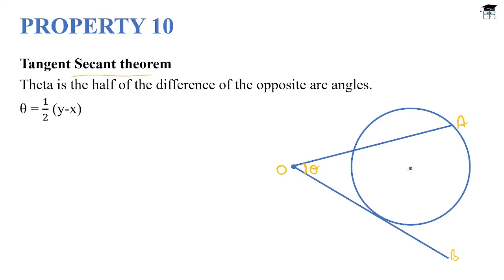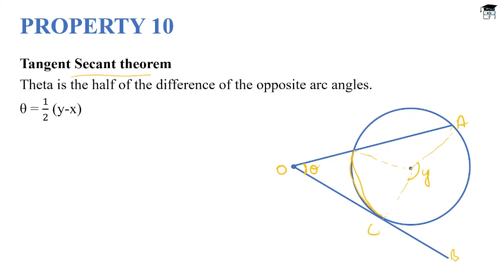From point O, let's say I draw an angle from the secant, the point where it touches the arc, and the point where the tangent touches the circle. So in front of O, I have two arcs, one arc here and the other arc here.